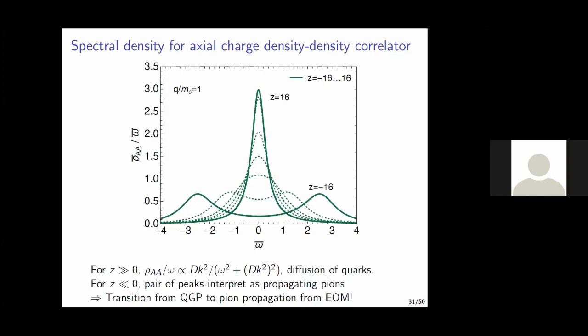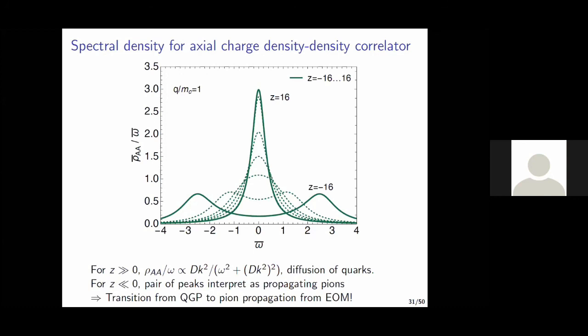If you do the same plot for the pion, then you see that it becomes equal to the sigma. Exactly. At large negative Z, it's going to have these peaks, and at large positive Z, it's equal to the spectral density of the sigma, which you saw there. Okay, I see.